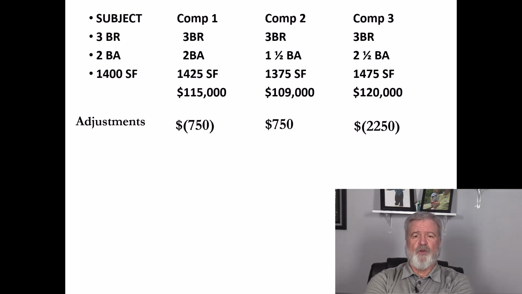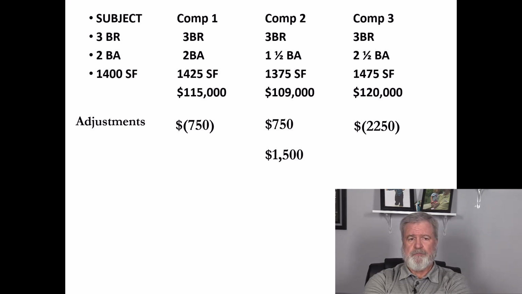All right, so then do I add that to comp 2 or do I subtract it? Well, comp 2 has fewer bathrooms than the subject, so I must add. So for comp 2, I'm going to add an additional $1,500 for the extra half bath. And then they still have the same number of bedrooms, so there are no other adjustments we have to make to comp 2.